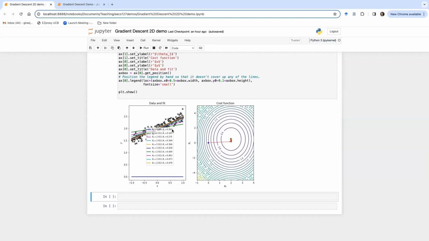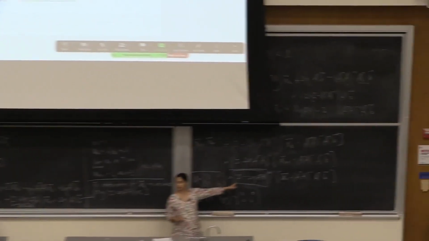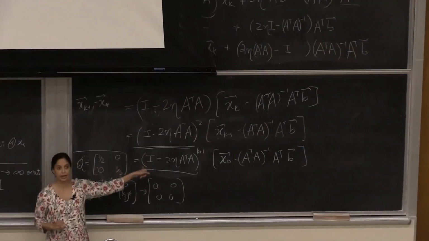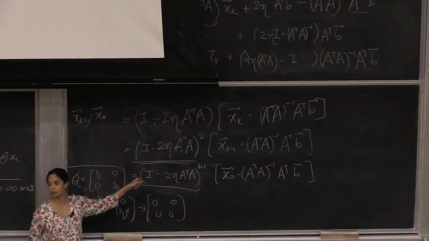So that's basically going to determine your convergence rate. The question is, without actually seeing the plot, how do we know if our step size is right or wrong? You can compute the eigenvalues of exactly this. This is exactly the problem on your homework. And basically by checking if these are smaller than 1 or greater than 1 in absolute value, you can decide if things are going to converge or diverge.